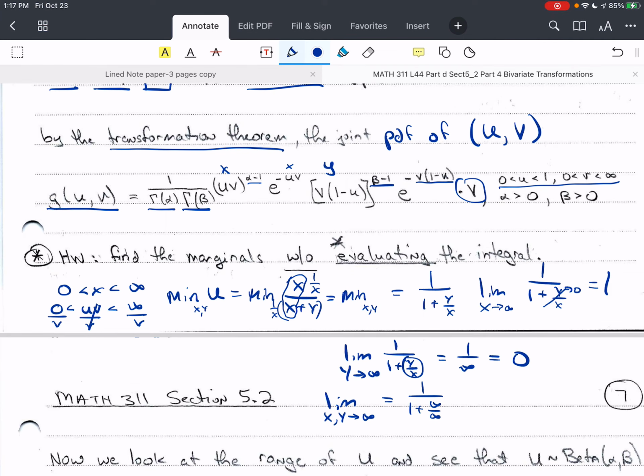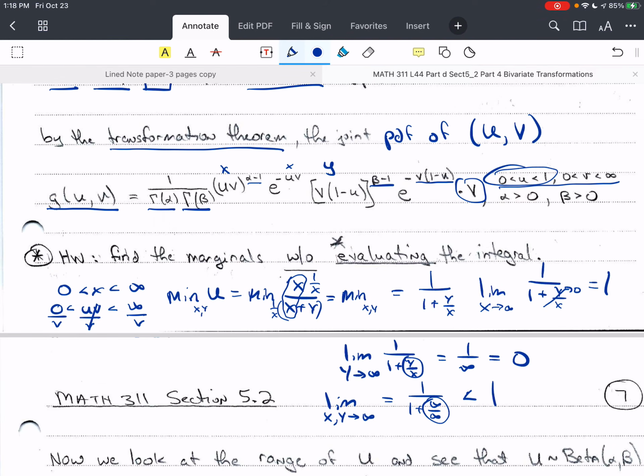It could be 0, which would make the overall 1. No matter what happens here, this quantity is going to be less than 1 and greater than 0, okay? So it turns out that u is between 0 and 1.